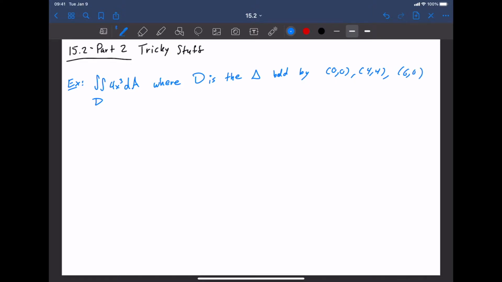Okay. So why is this one trickier? Because now you are the one responsible for coming up with some equations here.